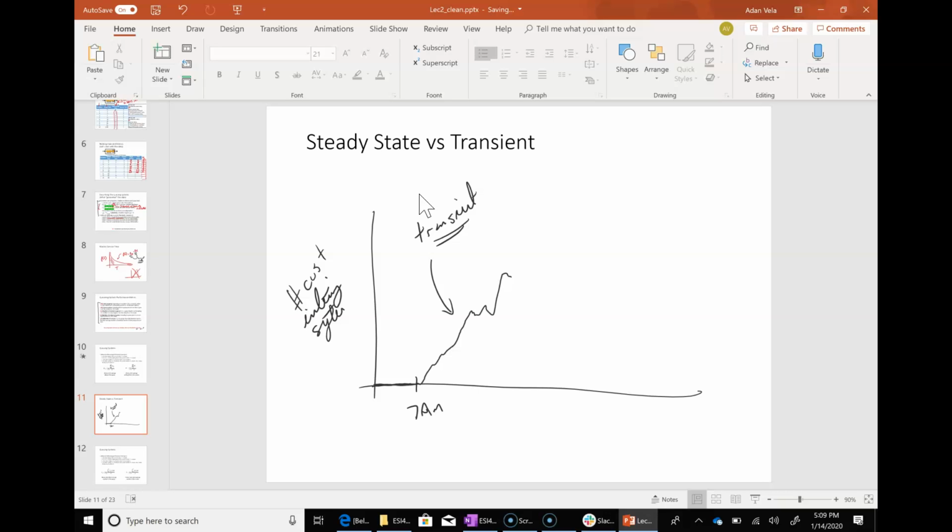Now, let's say after an hour or 2, things start to even out, and I get a steady flow of customers going in and leaving. At that point, the number of customers in my system will sort of bounce around some average point.